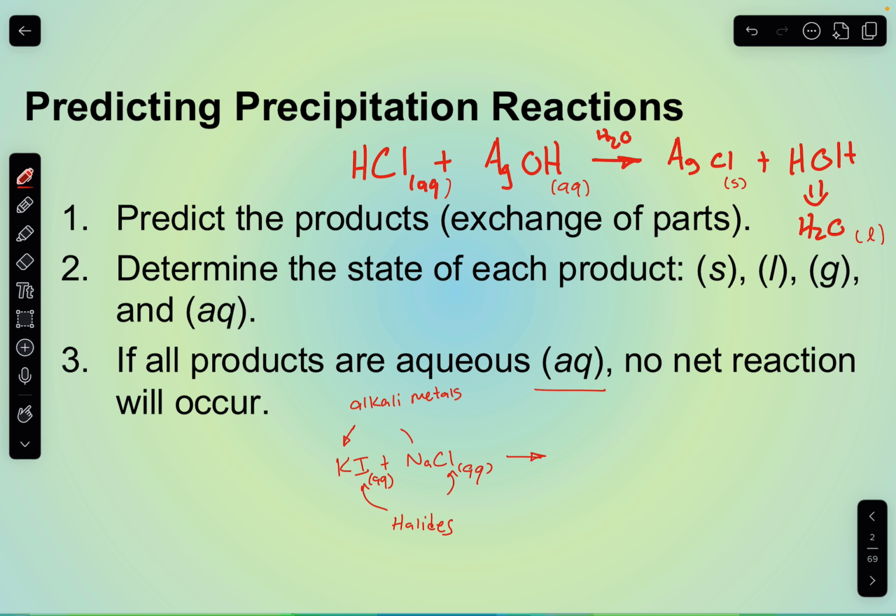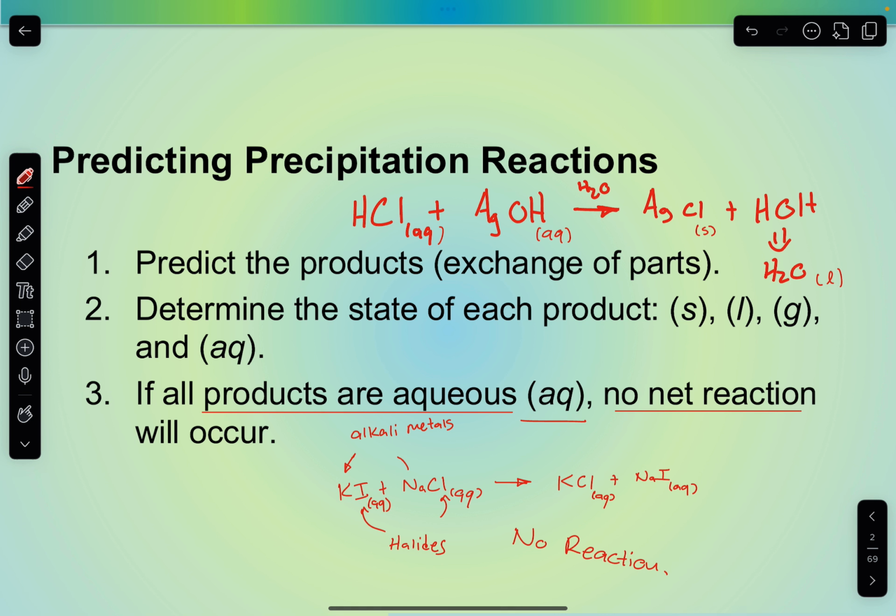And then we will convert that to the double replacement reaction, but both of these are still going to be aqueous. So it's KCl plus NaI. And so we have aq. Now, all of these are aq. If all of the products are aqueous, then there is no net reaction. So we can say no reaction.